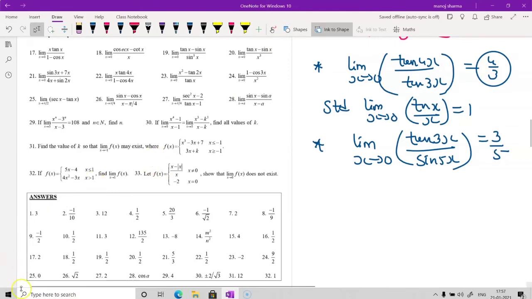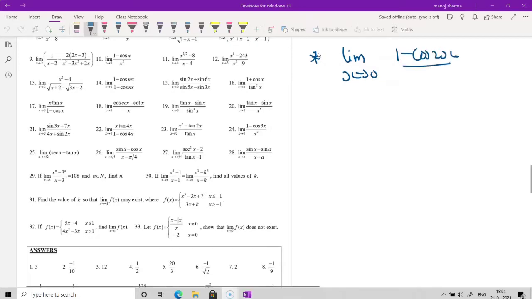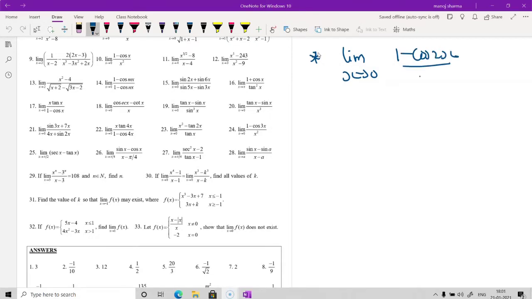Moving on further, if we have a question where we are using something which is indirect, limit x tends to 0 1 minus cos 2x upon x square. Now trigonometry gives us the route for this. Now 1 minus cos 2 theta is nothing but 2 sine square theta. Instead of that, I can write 2 sine square theta.